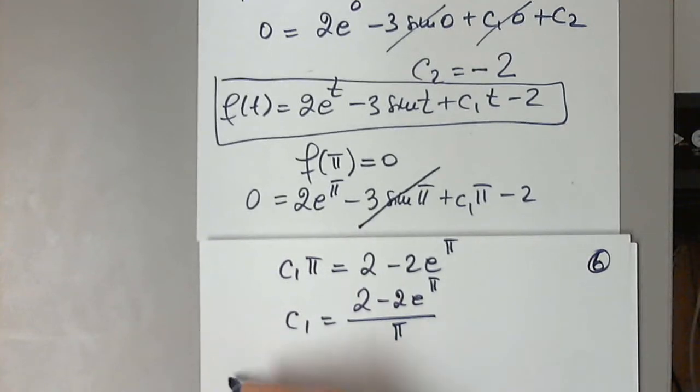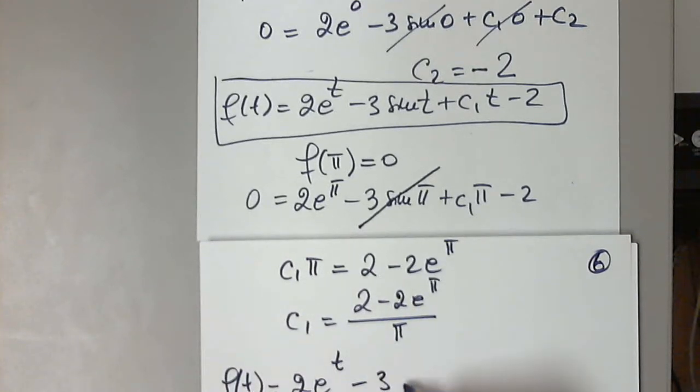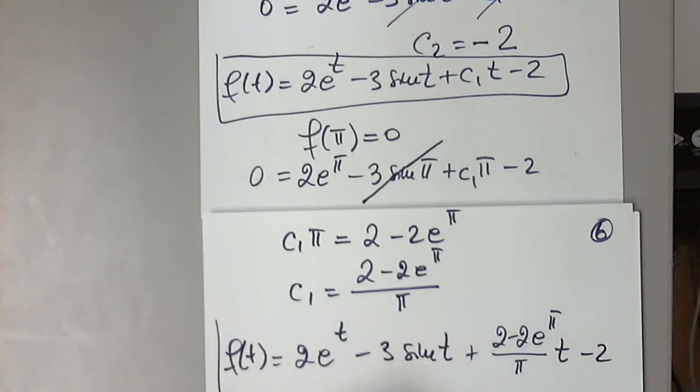And now we have the function f of t equals 2e to t minus 3 sine t plus 2 minus 2e to pi over pi times t minus 2. And this is the unique function that complies with the given conditions.